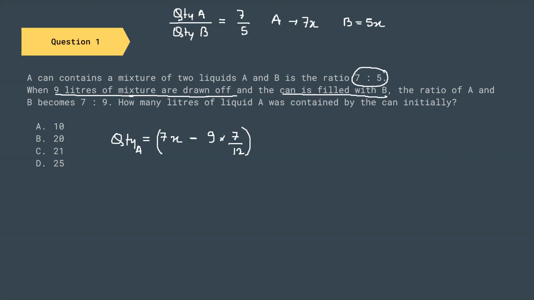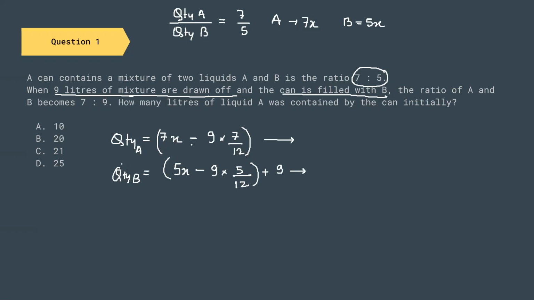So this is your A. Now the quantity of B initially in the can was 5x amount of liquid, and out of this 5x, 9 into 5 by 12 amount was drawn off. And after drawing this off, 9 liters of B was added into the can. So this is the final quantity of A, and the final quantity of B.